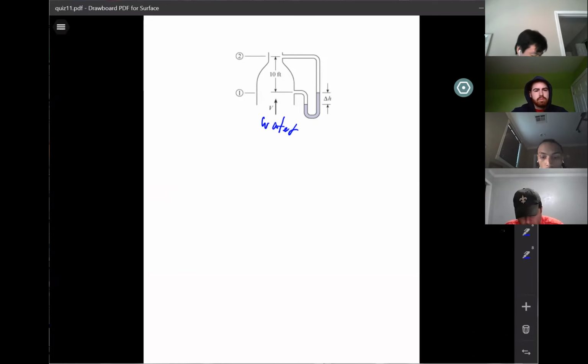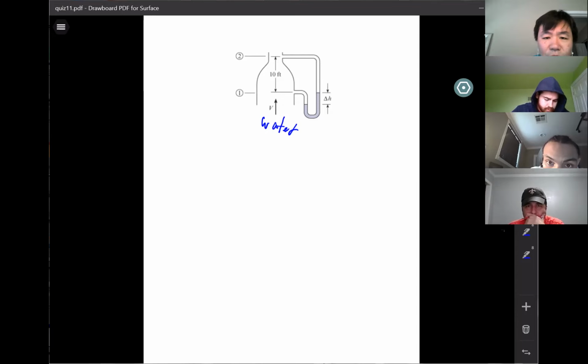Let me read it exactly. The velocity at the inlet station, I give you the velocity value, V1, 10 meters per second.